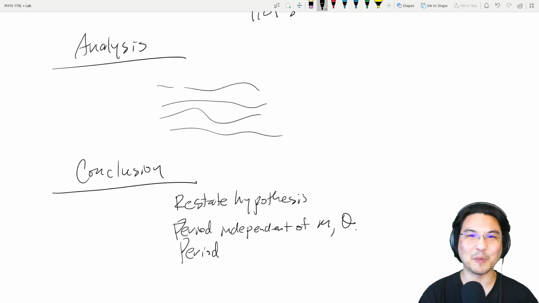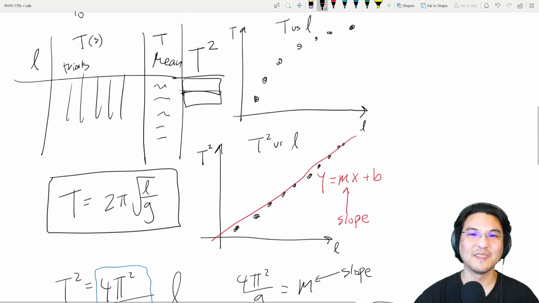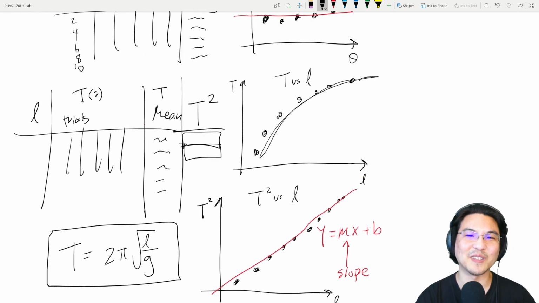That's what I'm expecting you'll find, but you just report on what you actually find. Say period depends on the length, but not linearly. Meaning, this wasn't a straight line.